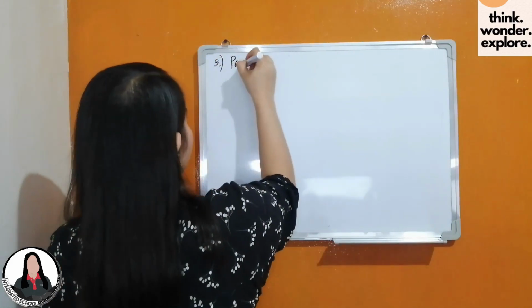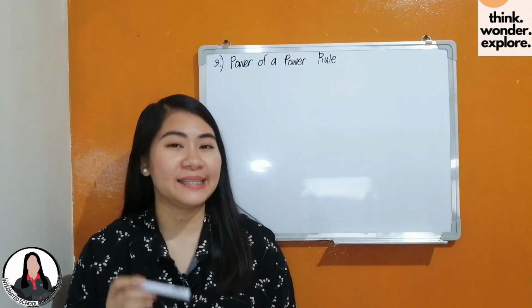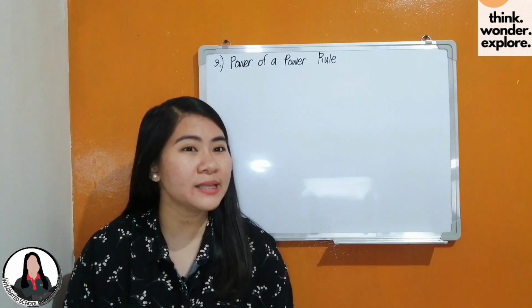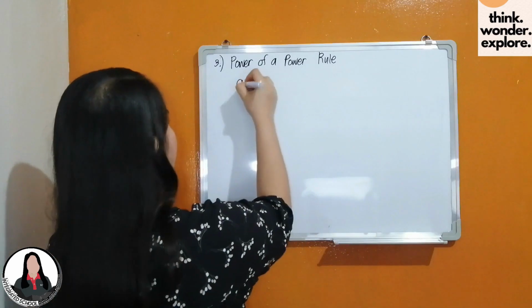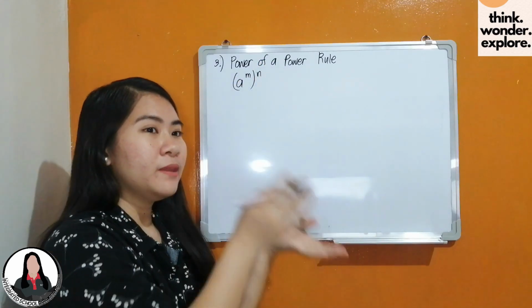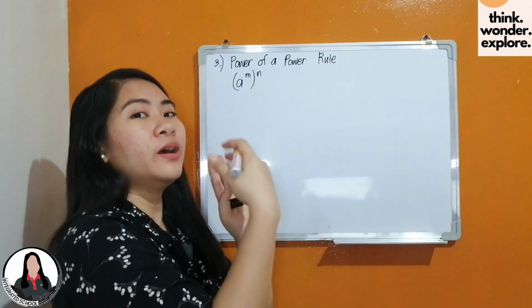So, for the power of a power rule, it states that in raising an exponential to a power, retain the base and multiply the exponents. In symbols, that is a raised to m, raised to n. Ibig sabihin, a factor is raised to an exponent raised to another exponent.